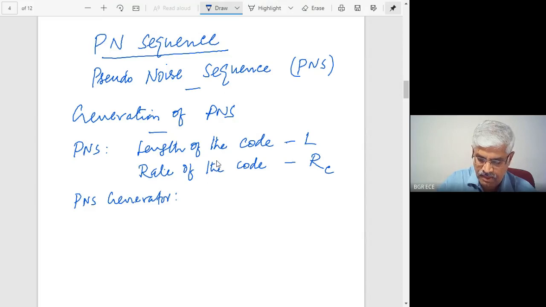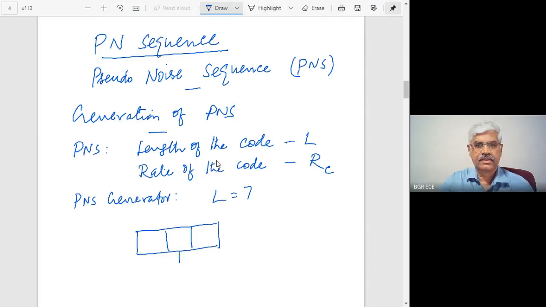So simply, I assume L to be 7, and R can be any value. You have a small 3-bit shift register, a feedback shift register.